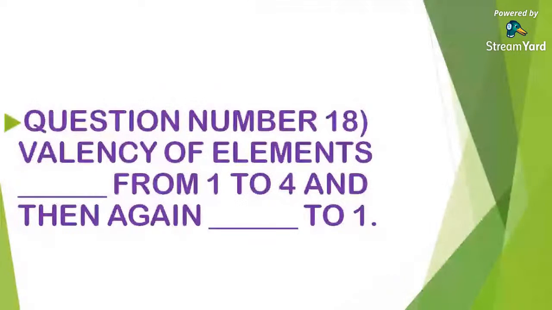Now, the next question is question number 18. Valency of elements dash from 1 to 4 and then again dash to 1. Here you have to fill in the term increasing or decreasing. So, valency of elements either increases or decreases from 1 to 4, and then again decreases or increases.